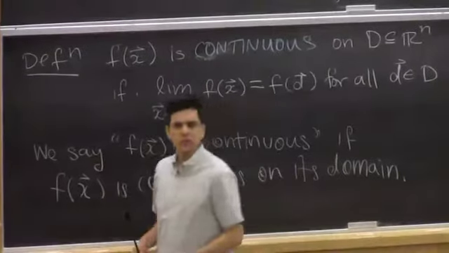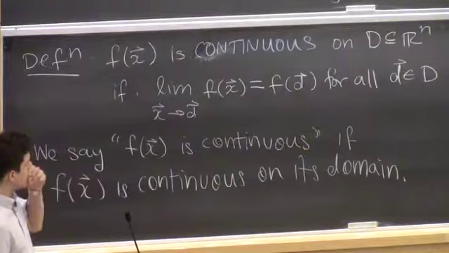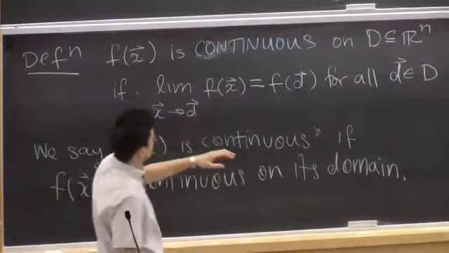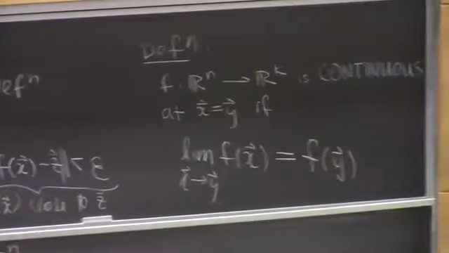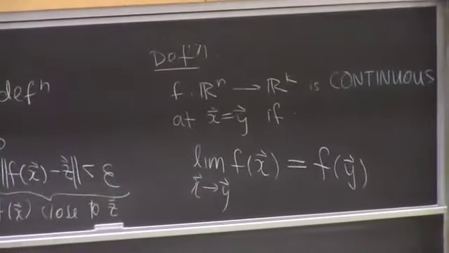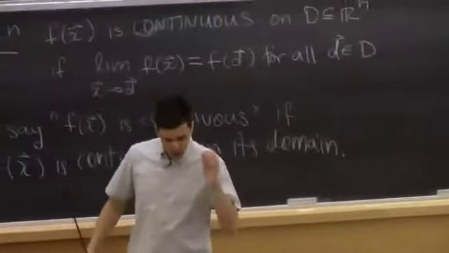So these are three different ways in which we use the word continuous: at a point, on a set, and then just in general. So there are three different levels of the way we use that word.